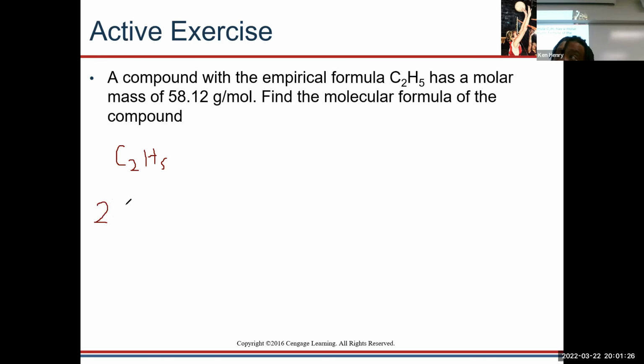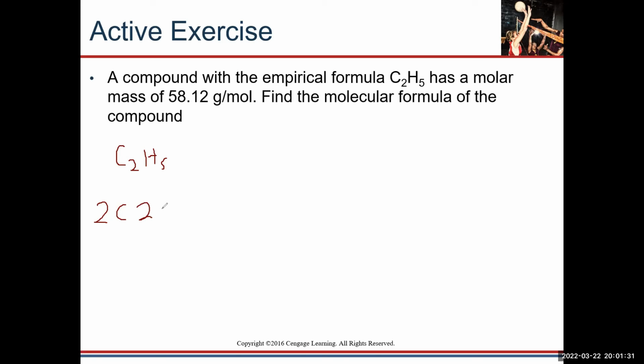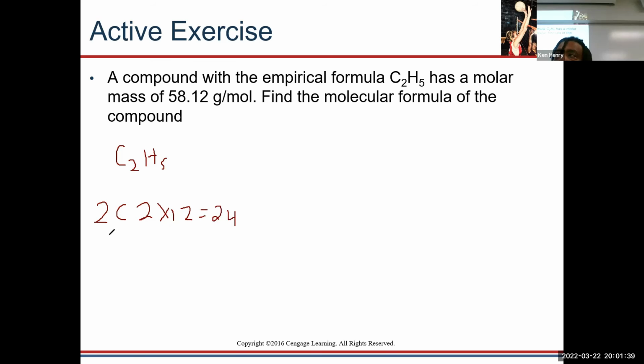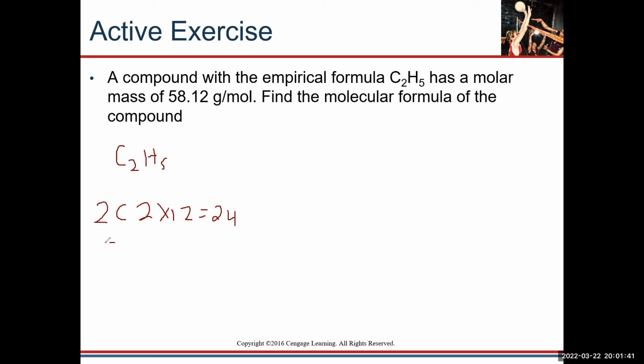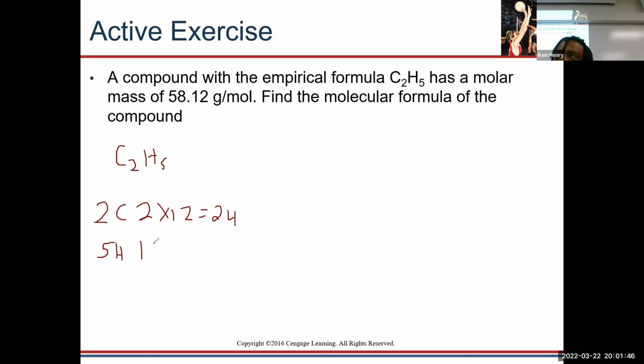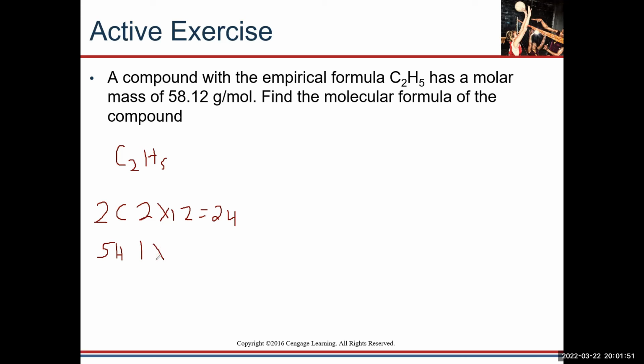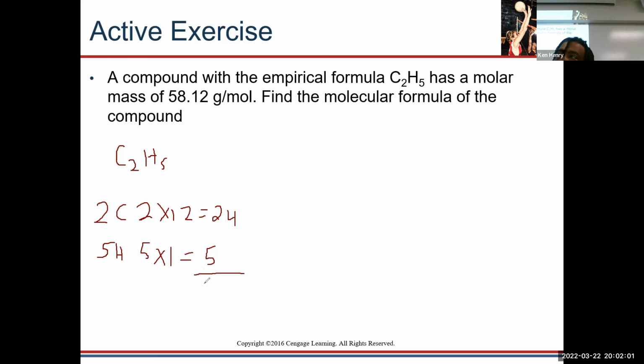I have 2 carbons, and carbon weighs 12, so 2 times 12 is 24. I have 5 hydrogens, each one weighs 1, so it's 5. So the molar mass would be 29.